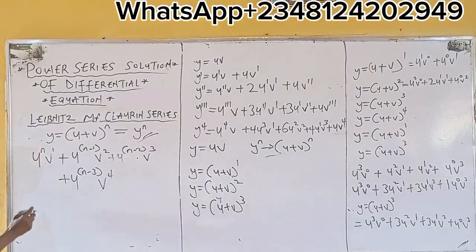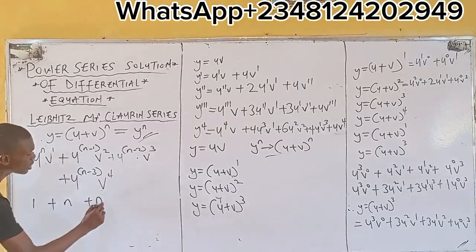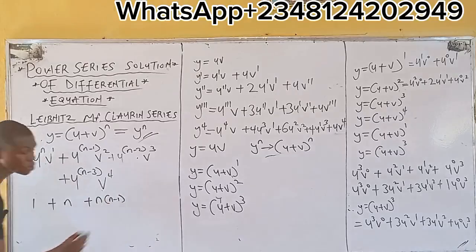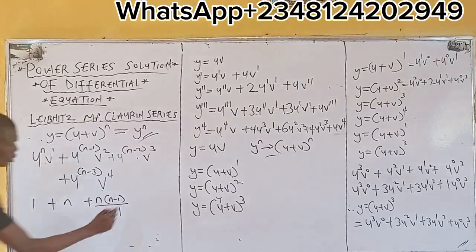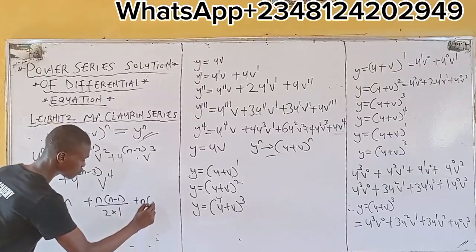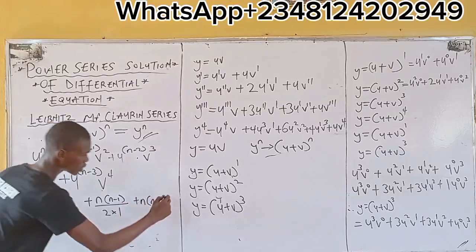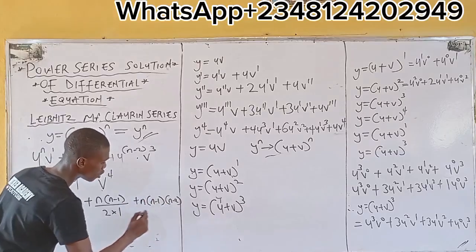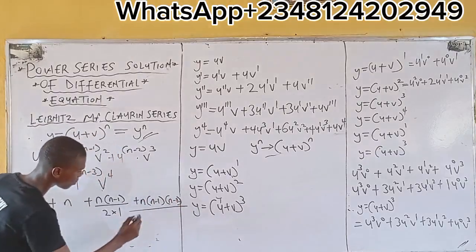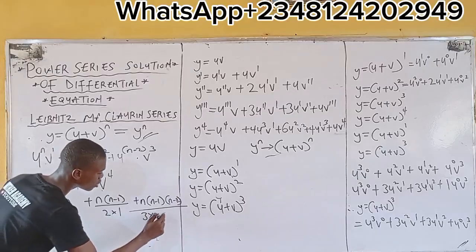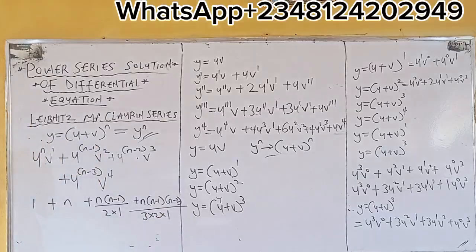You are having 1 plus n all into brackets n minus 1 all divided by 2, multiplied by 1 plus n all into brackets n minus 1 multiplying n minus 2 all divided by 3 times 2 times 1, right?